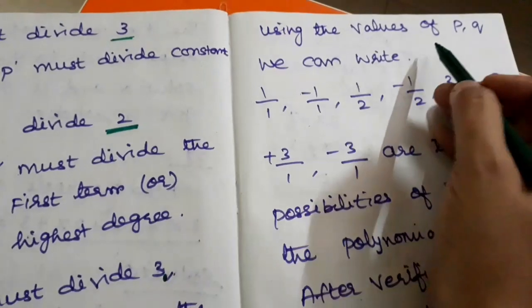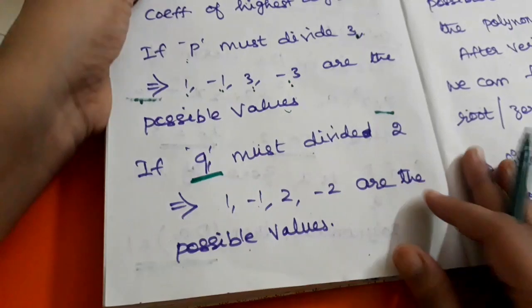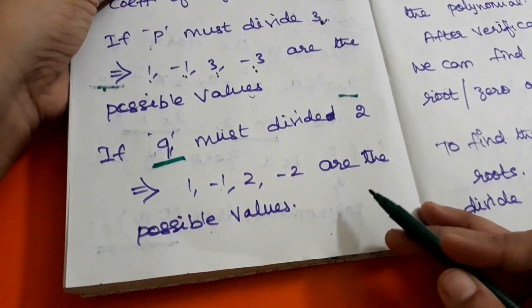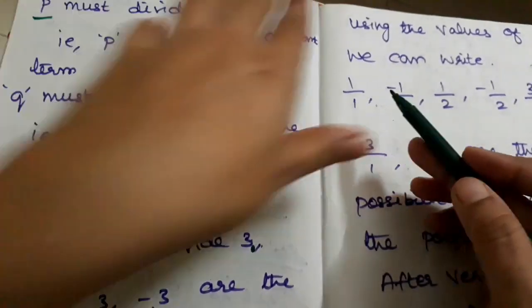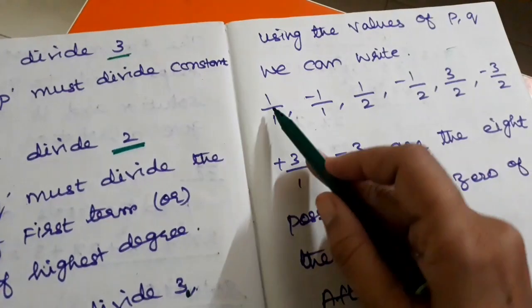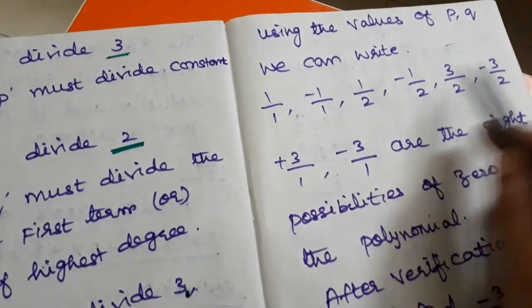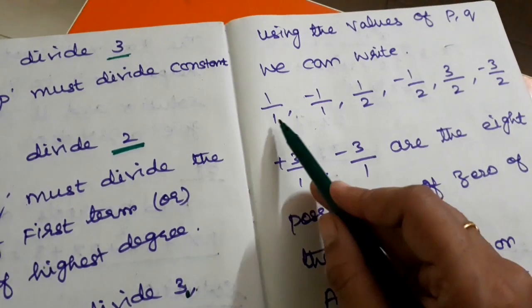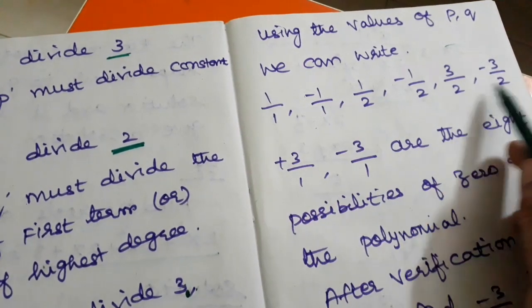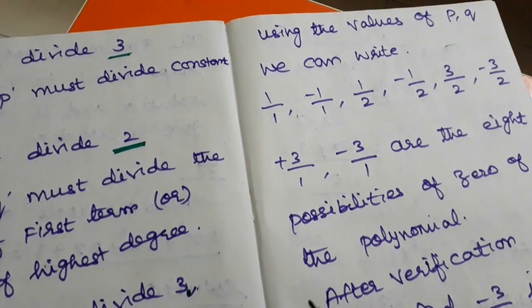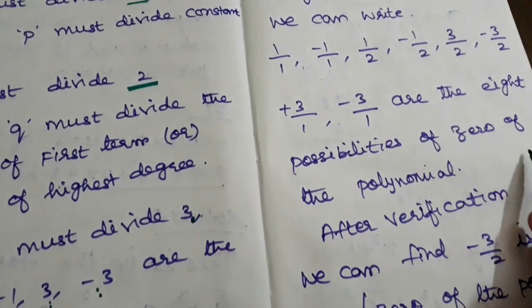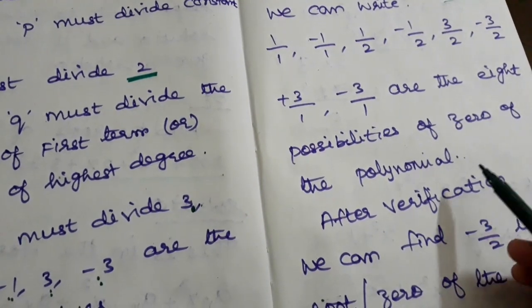Using the values of p and q, in the numerator I write all the possible values of p, and in the denominator I write all the possible values of q. So these are the 8 possibilities for a 0 of the polynomial.